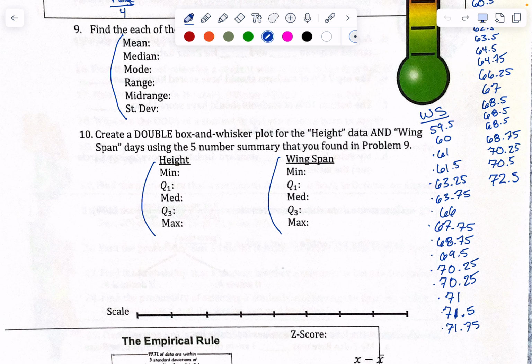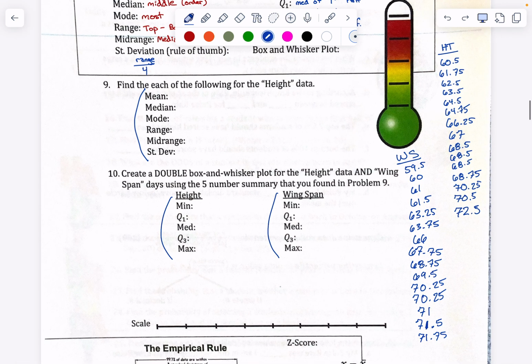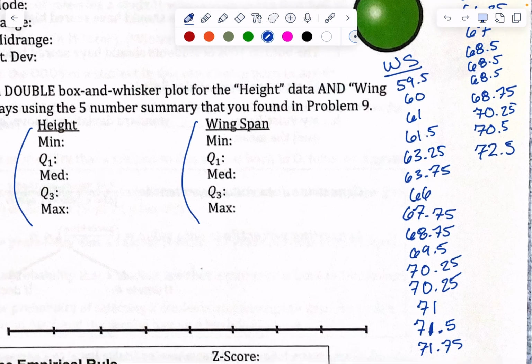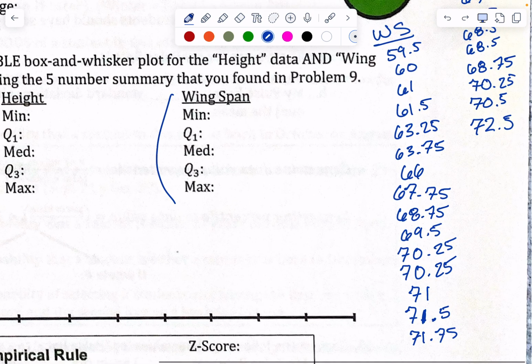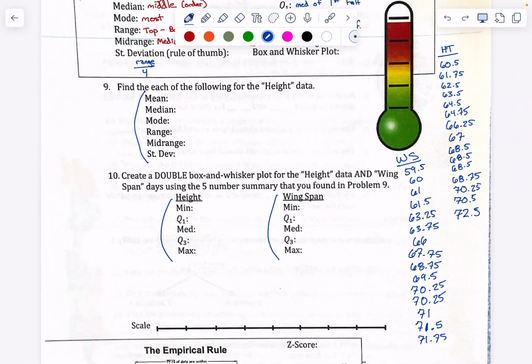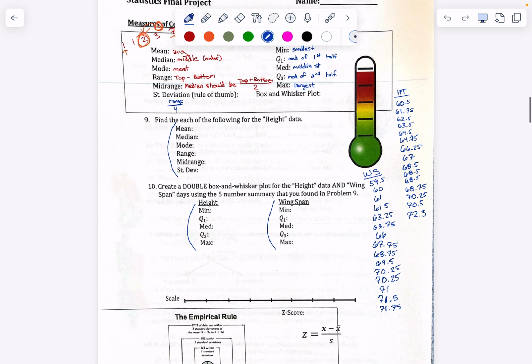Okay, there you go. There's your height and your wingspan, in order. On which one? Both of them? Here, I wonder if I can. That's not what I want.